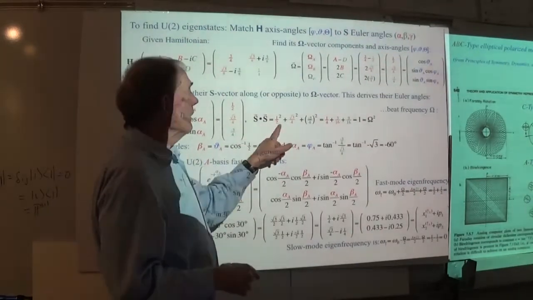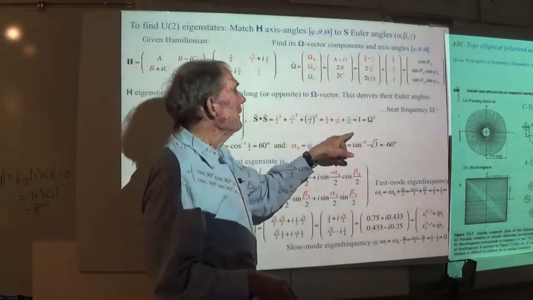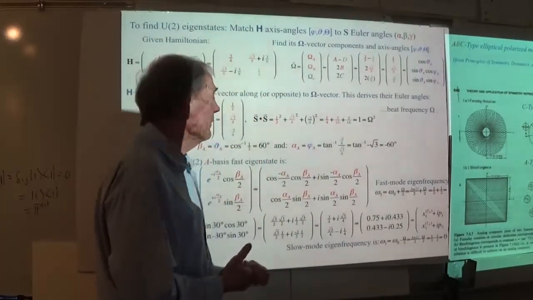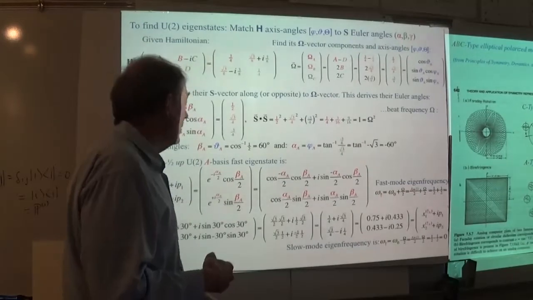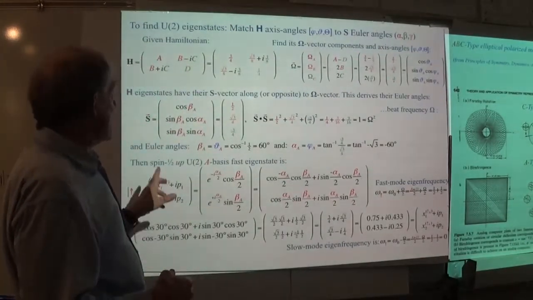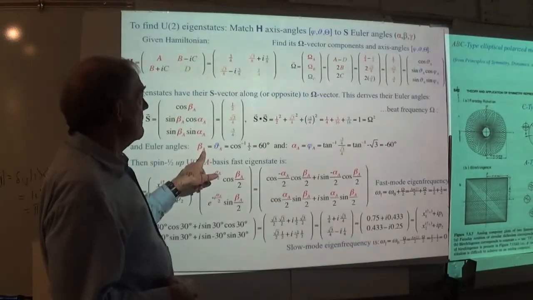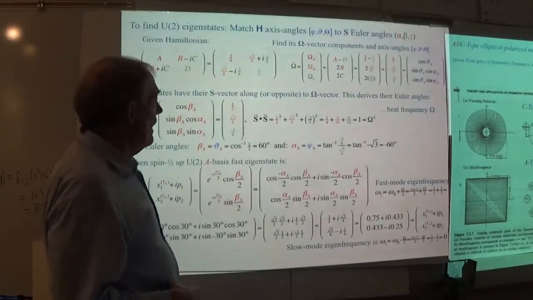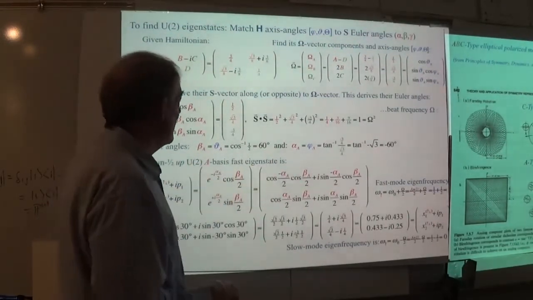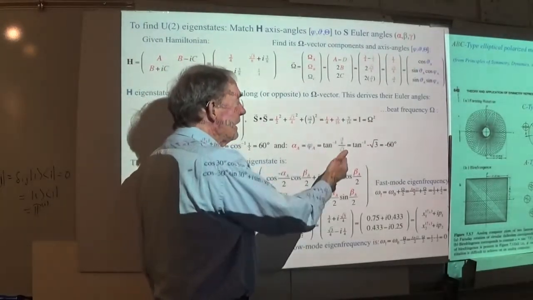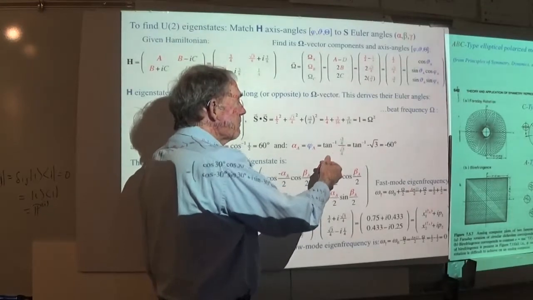And then I can do a square of those guys. That'll be my omega squared. In this case, it comes out to be 1. We just made that as a special for today. So, the Euler angles, I'm going to figure out what those are. Arc cosine of 1/2, that's 60 degrees. The alpha is the tangent of y over x, okay?